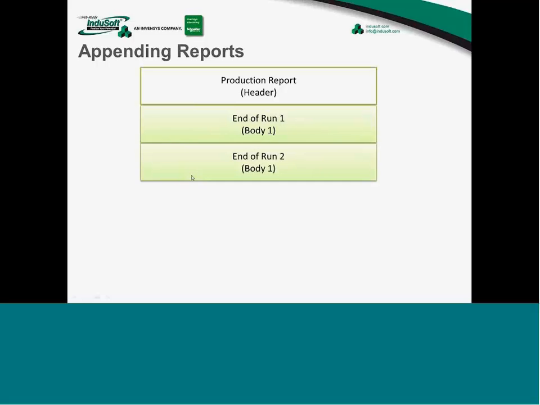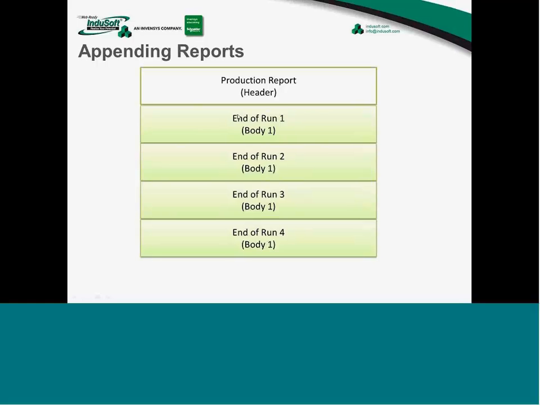I might print the second one and the third one, maybe every end of cycle of the machine, keep printing that same report over and over again, but append, append, append, and at the very end of the shift or the production run or the batch, close it all up with totals and maybe a footer report. So printing three different reports here, a header, the body, over and over again with different data in it, and then closing that all up with a footer at the end. I'm going to give you an example of how we might do that.